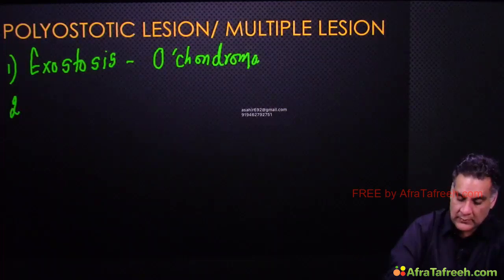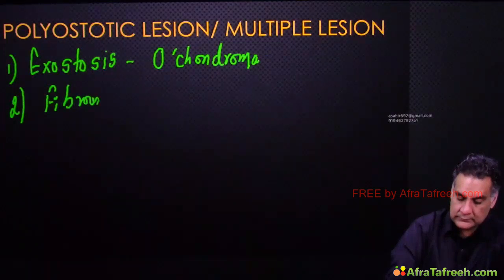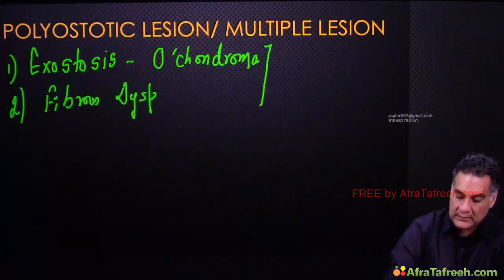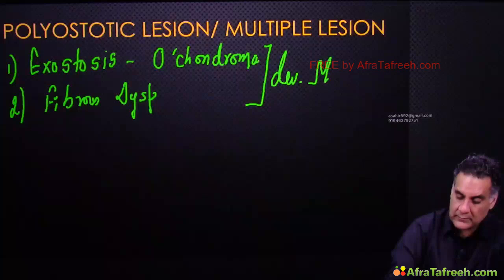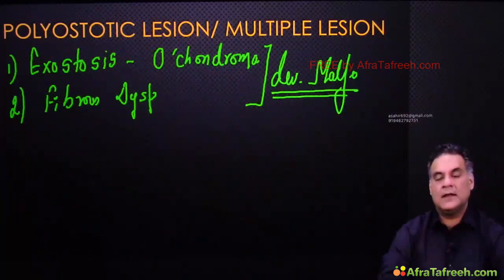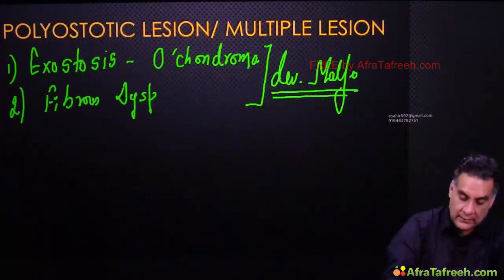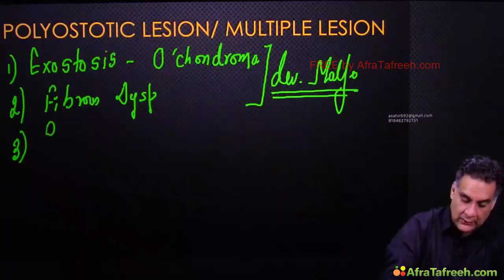Number 2, fibrous dysplasia. And you know what? These two are developmental malformations. They are growth abnormalities. Number 3, enchondromas.